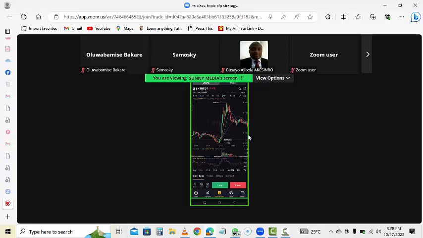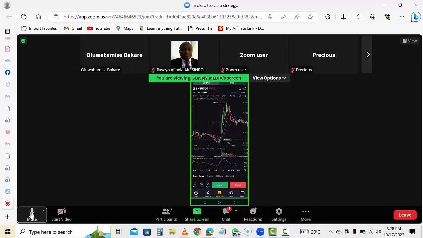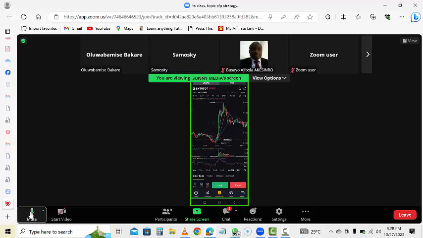Who wants to choose a coin that we should try to trade using that strategy here? Let's use ETH now. ETH used to follow BTC, so.